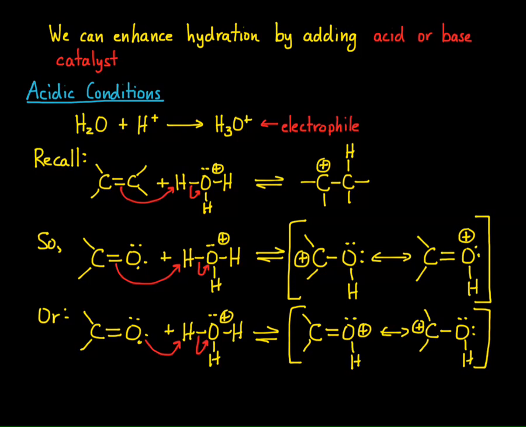The reason for this is that if you look at the two resonance structures, the one that retains the carbon-oxygen double bond, where the oxygen has a positive charge, is a major resonance contributor versus the other one where you have a carbocation and the carbon doesn't have 8 electrons around it, so it's not satisfying the octet rule.